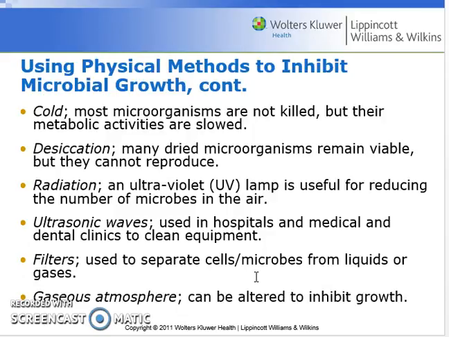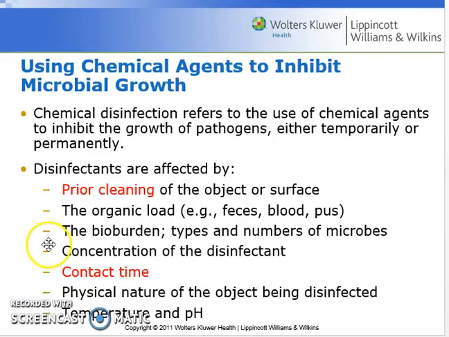We can also have a gaseous atmosphere, which can be used to inhibit growth of microorganisms as well. So again, the presence of different types of gas can also influence growth. Chemical disinfection is kind of our go-to when it comes to controlling microbial growth, inhibiting the growth of pathogens.